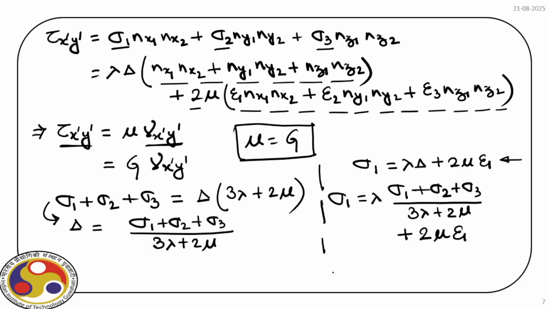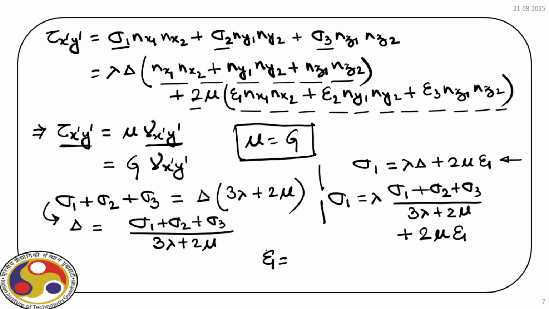Now, this expression we can simplify. I will give you the final expression and leave the derivation as a home task for you. So what we do is express epsilon 1 in terms of sigma 1, sigma 2, sigma 3.